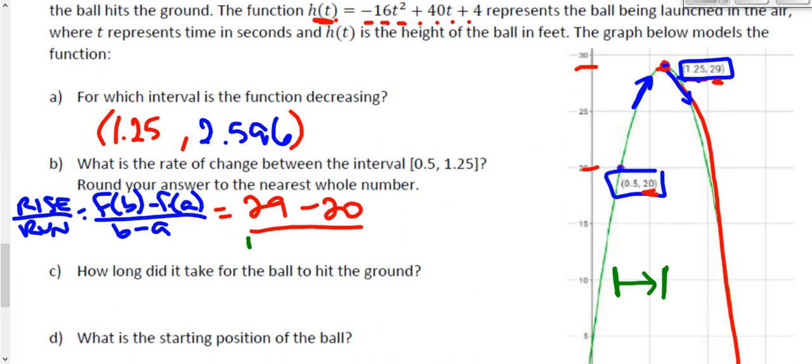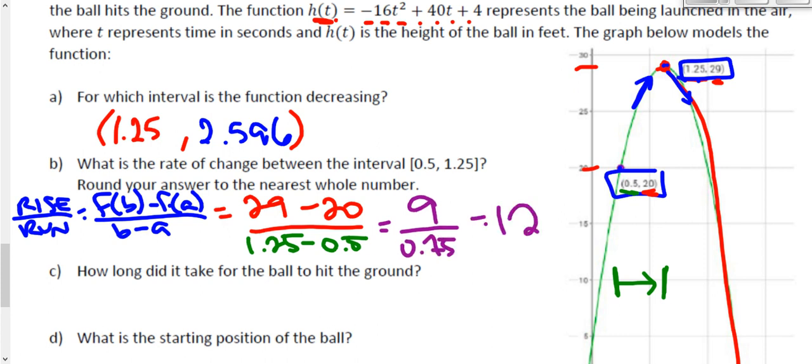So we're going to do 1.25 minus my starting x value, which is 0.5. And if we plug that into a calculator, we get 9 over 0.75, which the calculator tells us is 12. So my rate of change is 12, which would be represented in feet per second. So feet is the height, seconds is the time, so feet per second.